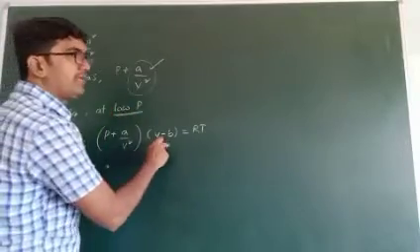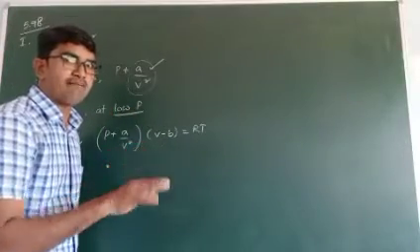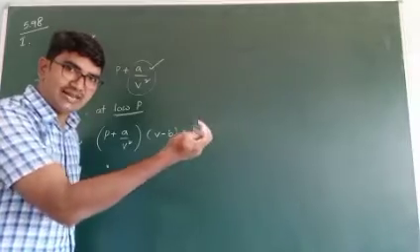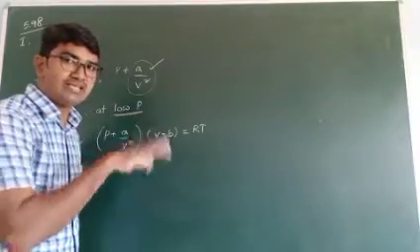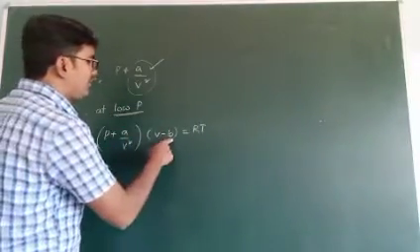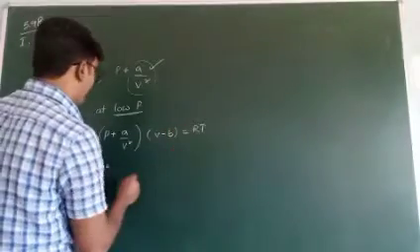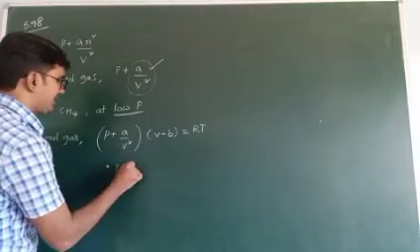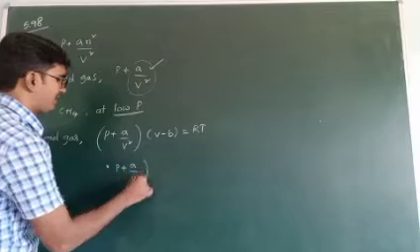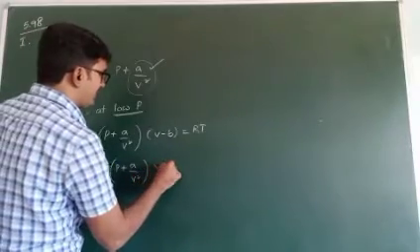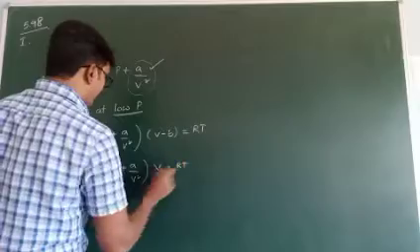At low pressure, we do not take the b, meaning we do not subtract the empty space. So this V minus b is nothing but V. So P plus a by V square into V is equal to RT.